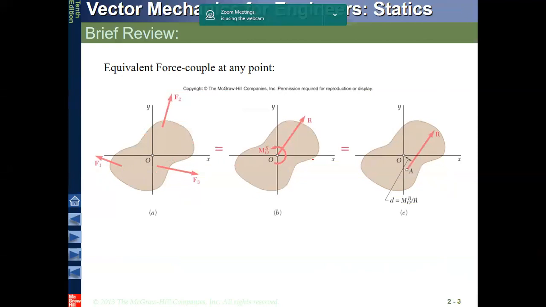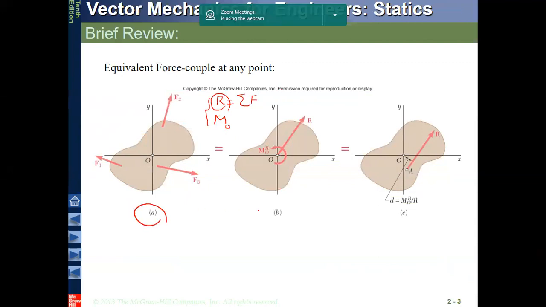So the rigid body, the shape is actually the same thing, but we can write the resultant of the forces and moment of the force about point O, and exert this R at the point that we calculate the moment about, and also exert this moment as a couple.